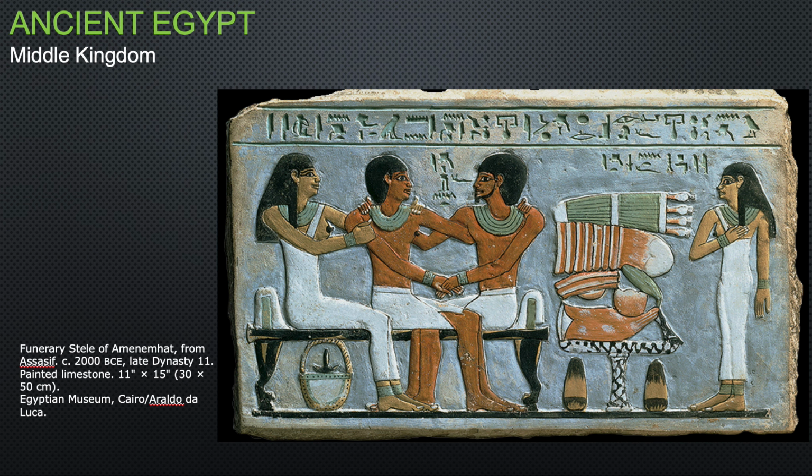Oh, sorry, I had this one also from Middle Kingdom. So this is some more tomb art, and it shows the dead person here in the center of these three being welcomed probably by dead relatives into the afterlife. There's a table full of food here that is an offering. There's hieroglyphic writing up here. As you look at hieroglyphics, you can start to recognize little shapes.